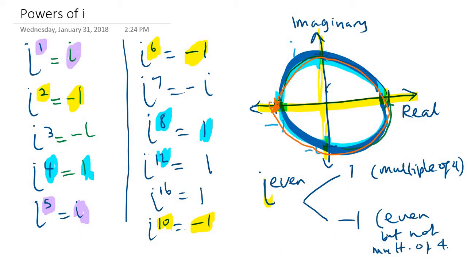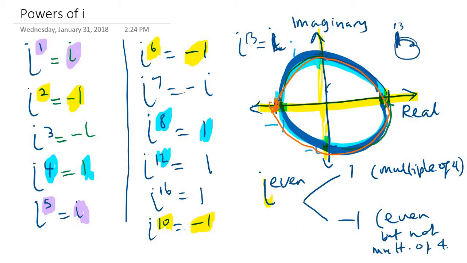And if I do one more, like 12, 13. Okay, let's do 13. i to the 13th is also i. Because I'll get to 12 when I make my circle, I get to i to the 12th, and then I go one more. Will get me to 13.